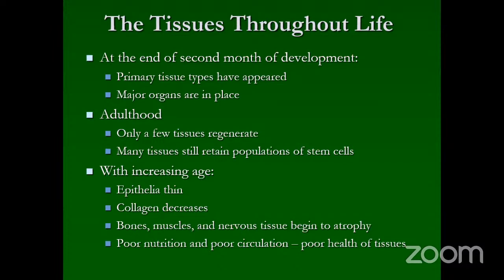Even the bones, muscles and nervous tissue will start getting damaged. There will be no growth, so shrinking will happen. And poor nutrition and poor circulation, if present, are associated with poor health.